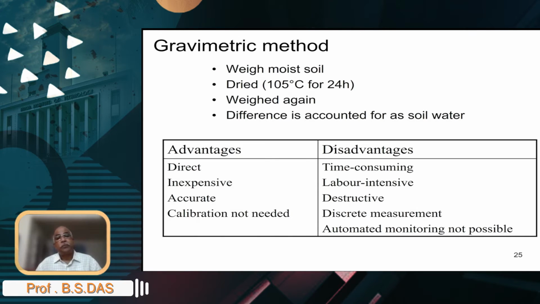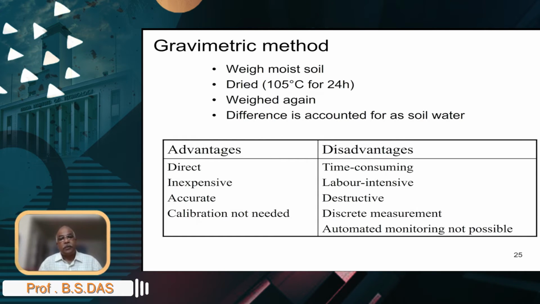So it's a destructive measurement, which makes it inconvenient for monitoring and knowing the temporal changes, the dynamics of how soil wetness changes with time, and also space, because you cannot cover the whole area.